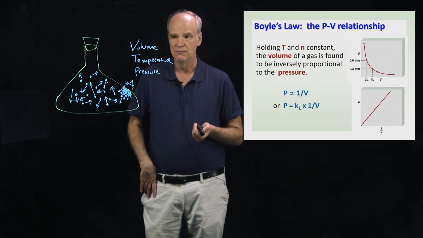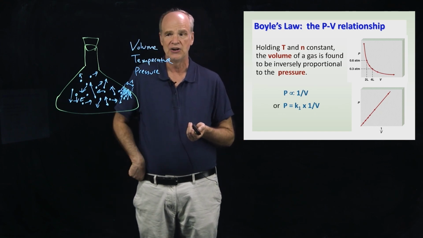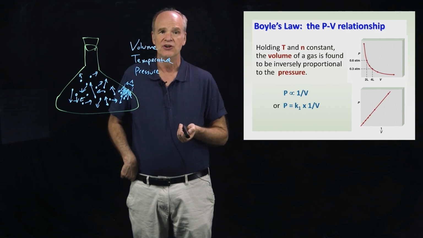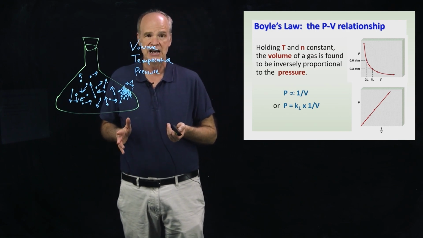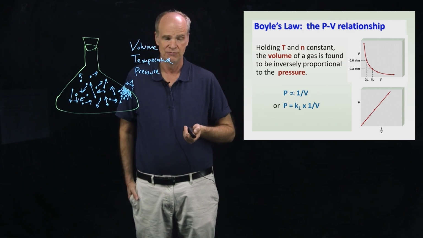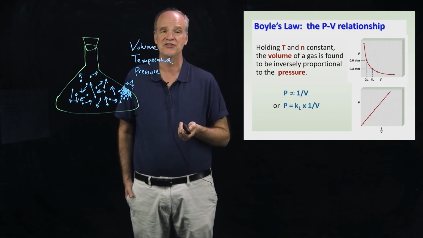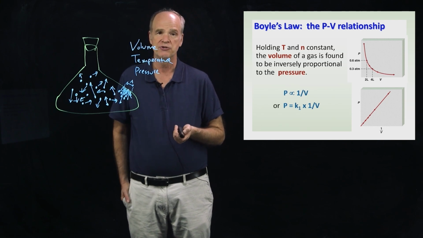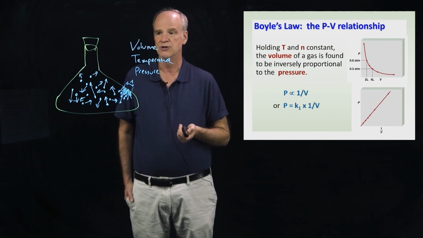And then once we have a quantitative relationship, it's no longer a proportionality. It is an equality. So I've replaced the proportionality symbol with an equal sign. And that will be a good equation to describe the relationship between pressure and volume of a gas.